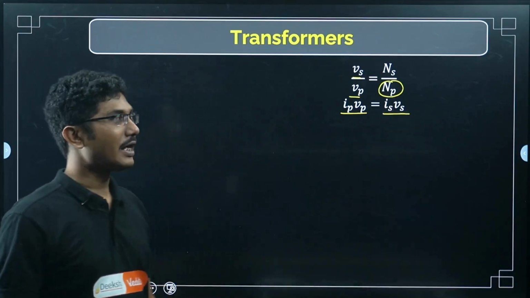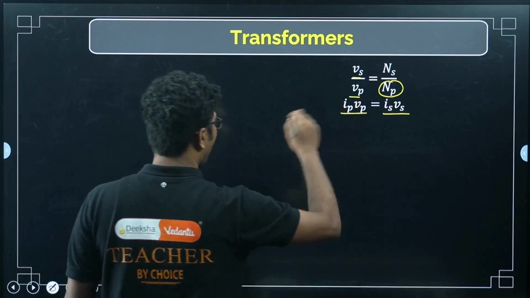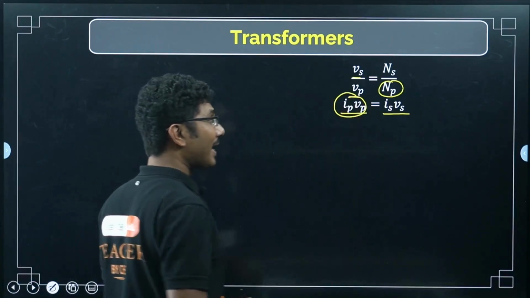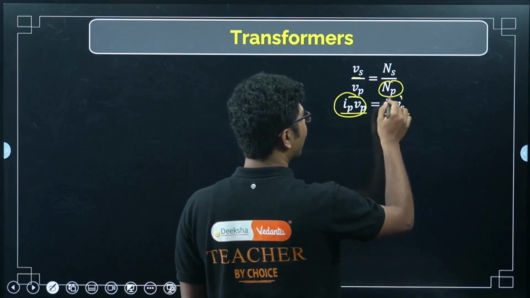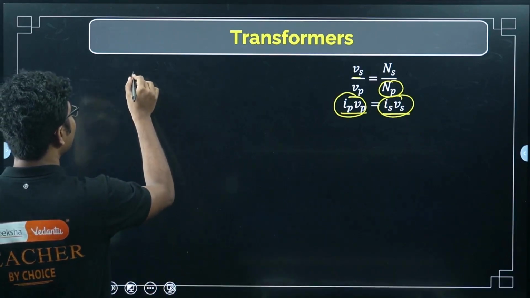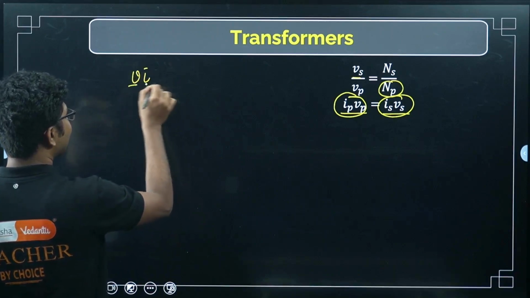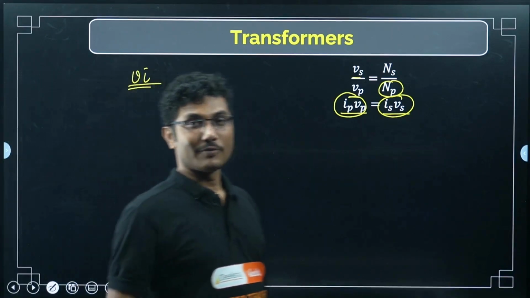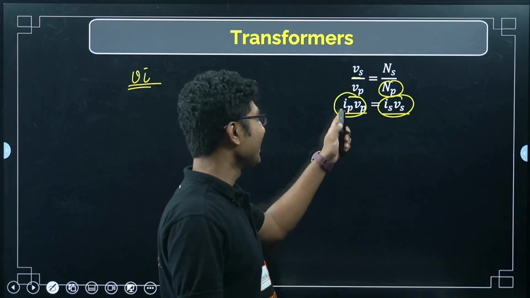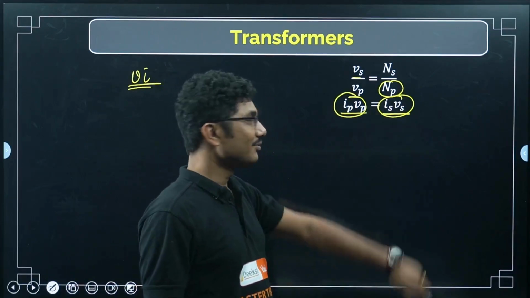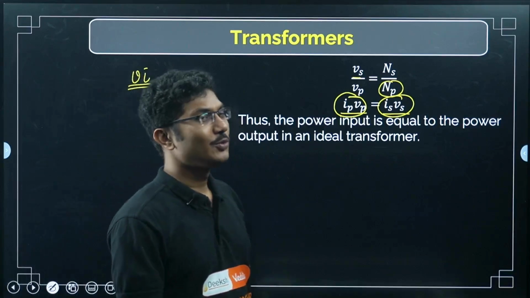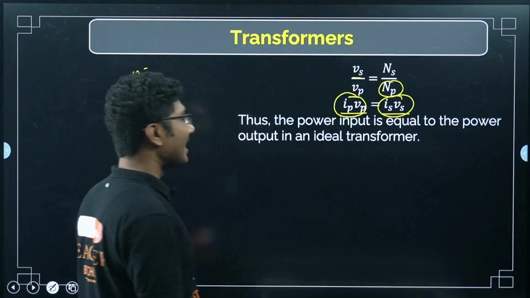What is the meaning of that? IpVp is the power applied in primary, and IsVs is the power received in the secondary. Thus the power input equals the power output in an ideal transformer.